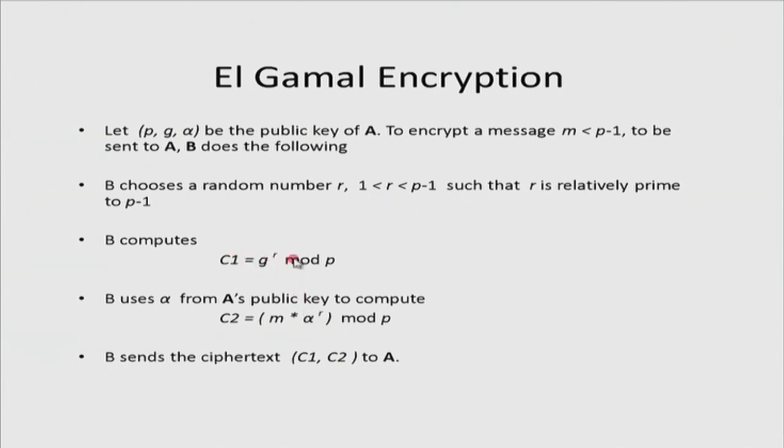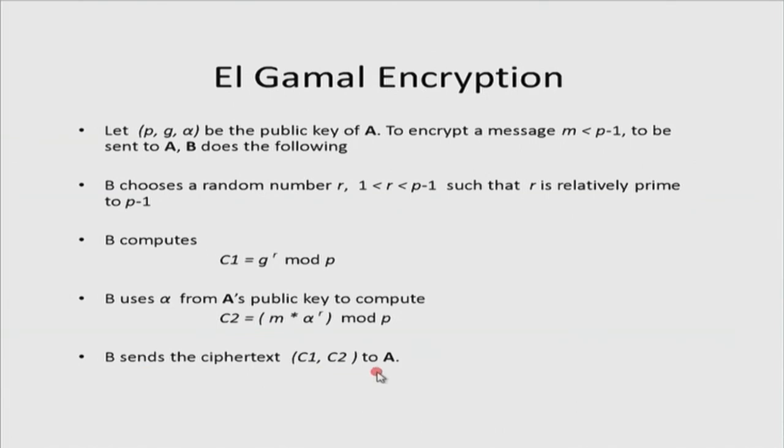He has generated this random number r. He uses the same random number r, and as an index, he chooses alpha from her public key. So alpha to the power of r, multiplied by his message, and then reduced modulo P, is the second constituent of the ciphertext. So the first one is C1 and the second one is C2. B sends the ciphertext C1, C2 to A.